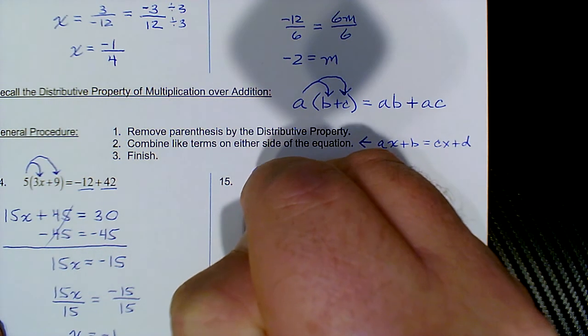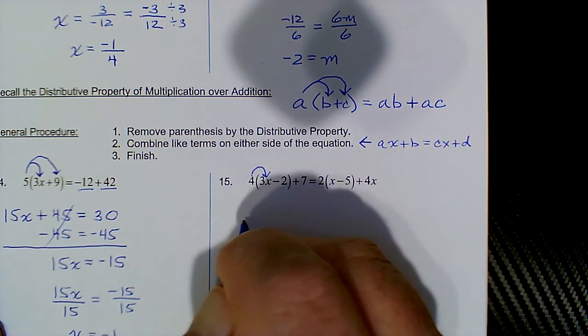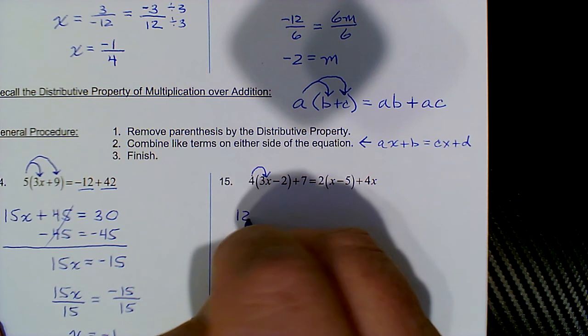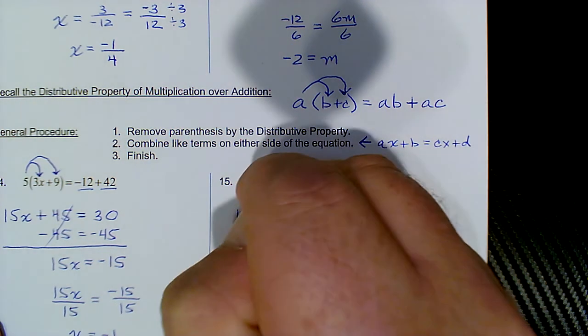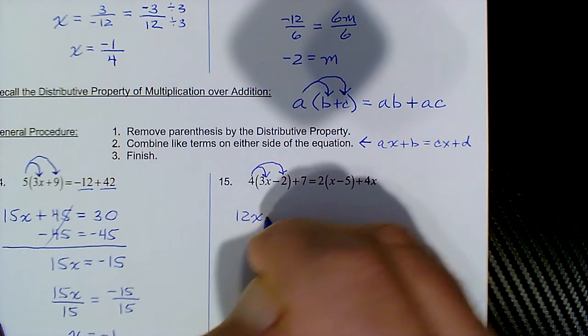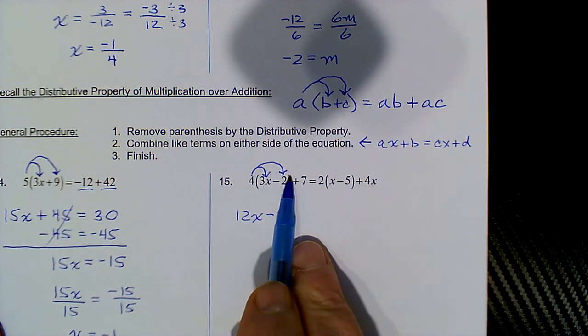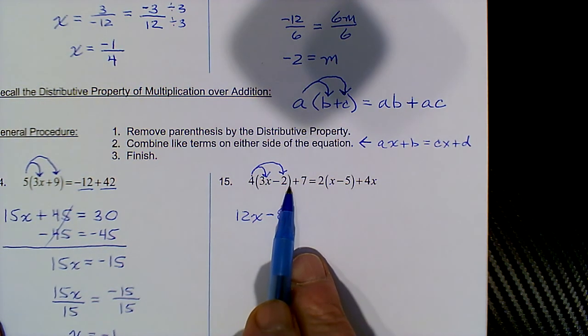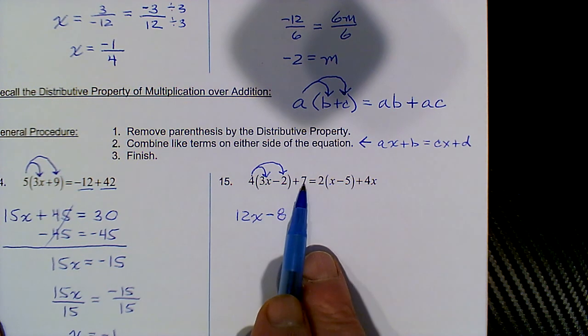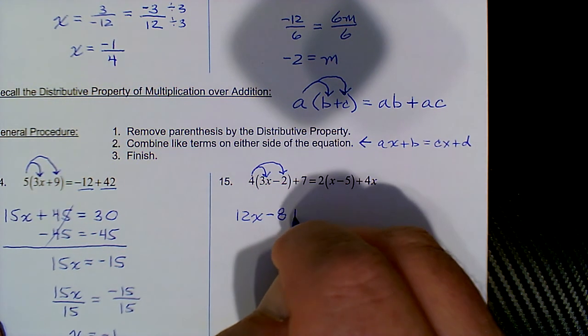So this 4 is distributed and multiplied by the 3x to give 12x. And then the 4 is distributed to the negative 2 to give negative 8. The closure of the parentheses stops the distribution of the 4, so we just need to recopy the plus 7.